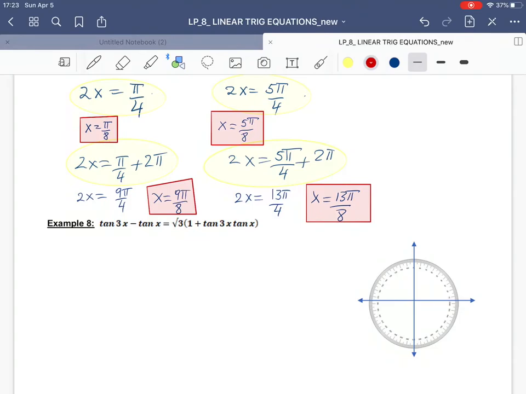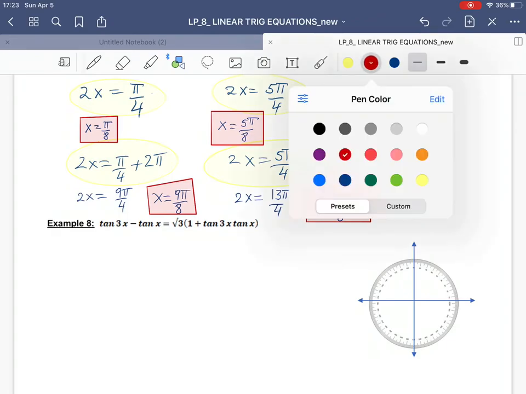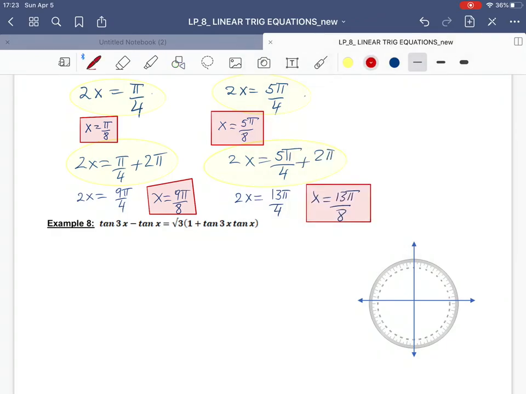So in this case, we have tan 3x minus tan x equals root 3 times 1 plus tan 3x tan x. It's a combination of the types of equations that we have seen already. You probably recognize in here the compound angle formula for tan. So I'm just going to write it down here one more time.